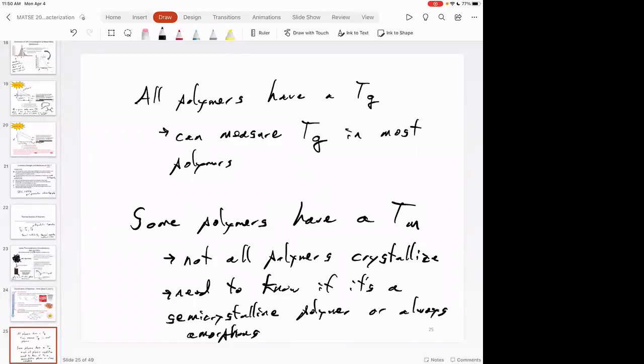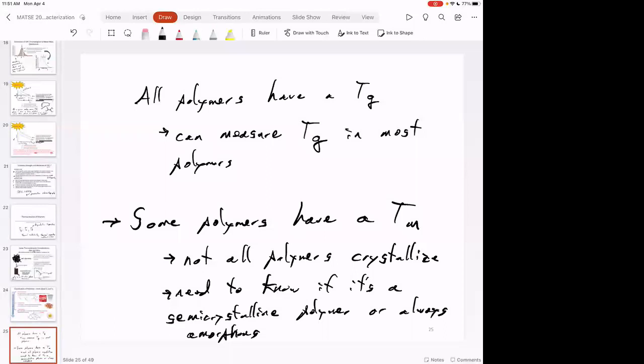So you don't need to know all of that for this class, but having some idea of examples of when a polymer has a Tm, and some polymers that do like to crystallize, like polyethylene and isotactic polypropylene, are really important. And then knowing a couple polymers like polymethylmethacrylate or polystyrene that don't crystallize are really important.